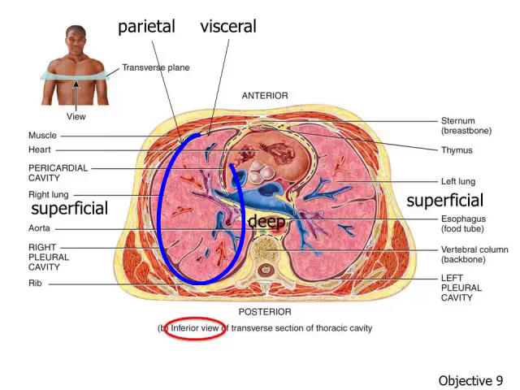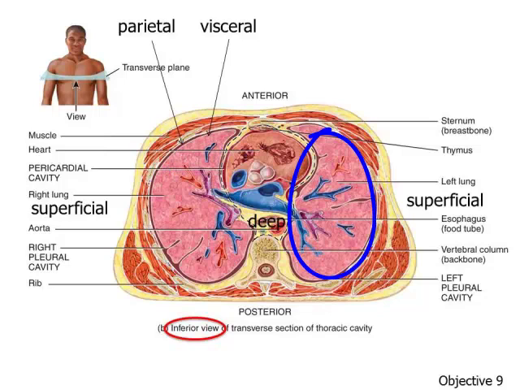So once again, here's the right lung, here's the left lung, the aorta, the thymus, and the muscular tube, the esophagus. We don't see the rigid tube, the trachea, because the trachea is already divided up into the bronchi of the lungs, the tubes that are carrying air into the lungs, and so we don't see the trachea, but we do see the esophagus at this level.